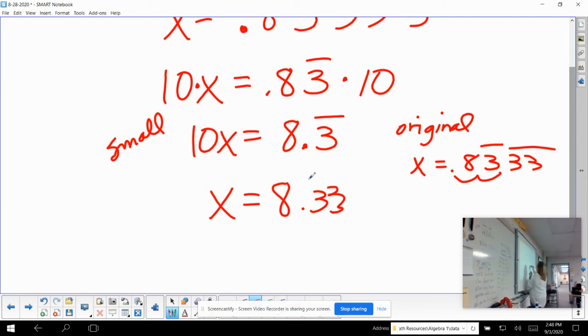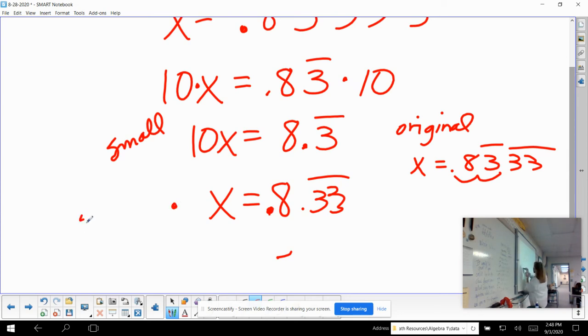Anyway, okay, this is where the decimal goes. We decided we're going to move it 2 places.